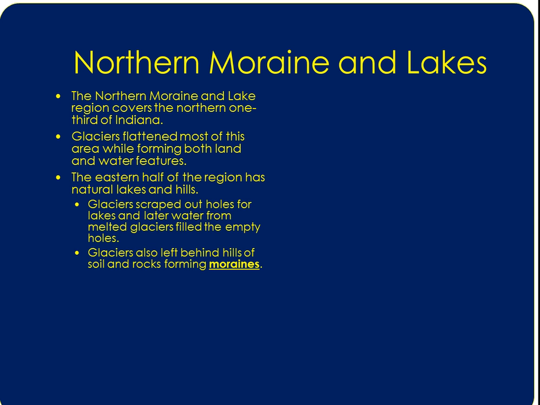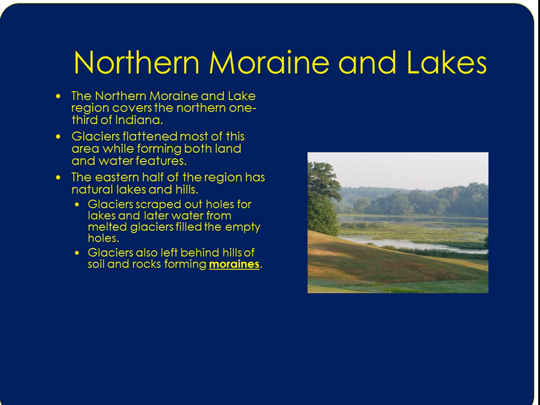Glaciers scraped out holes for lakes, and later water from melted glaciers would fill the land that was scraped out, and it would create lakes. Glaciers also left behind hills of soil and rocks, forming moraines. Here you can see a moraine there to the left.